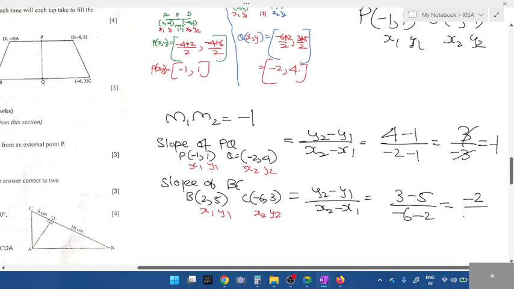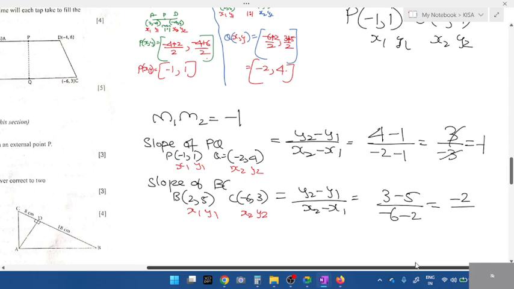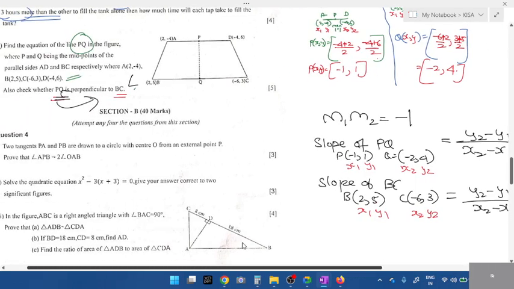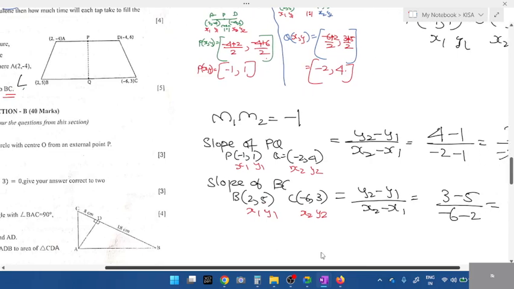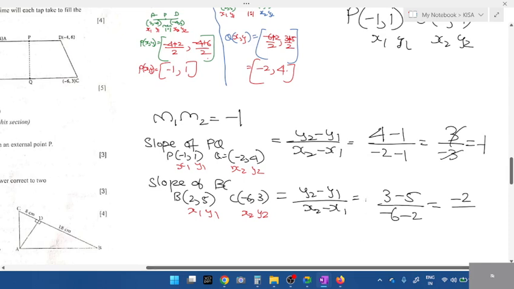Did I substitute wrong for x2? x2 minus x1. Coordinates B and... BQ or BC? What slope is given? BC, right? Slope of PQ. y2 is 4.